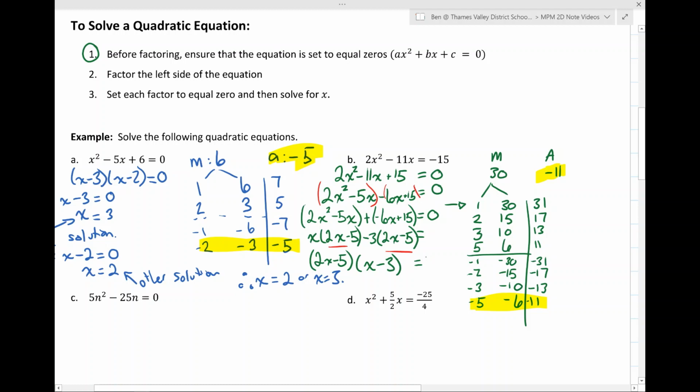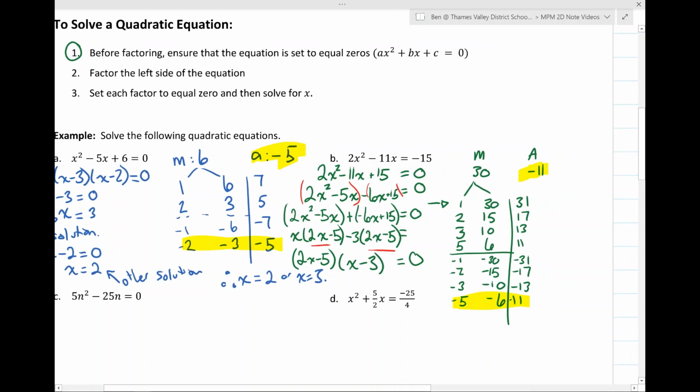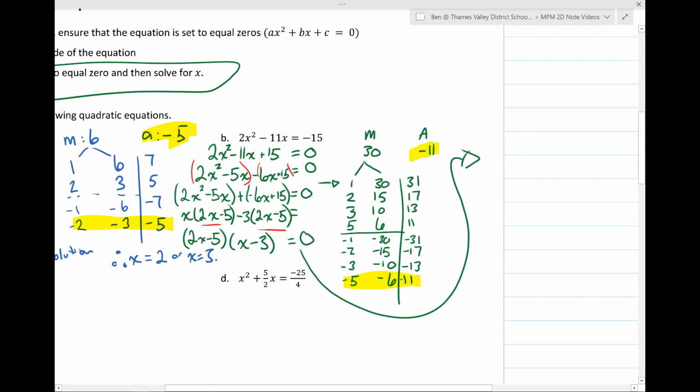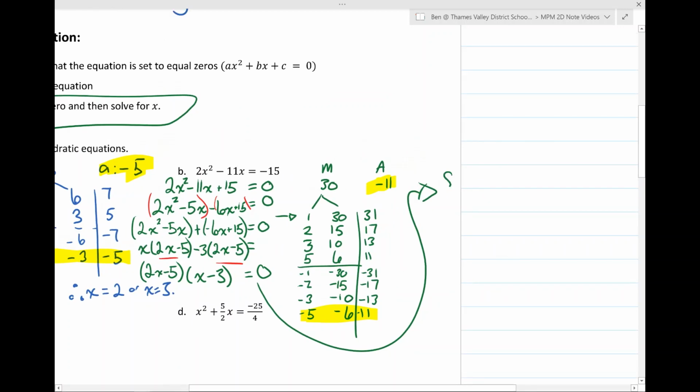Now that I've factored my complex trinomial, I need to set each factor equal to 0 and solve for x. So if I'm doing that, let's go over here. We'll set 2x minus 5 equal to 0. We'll rearrange this. We add 5 to either side. 5 equals 2x.